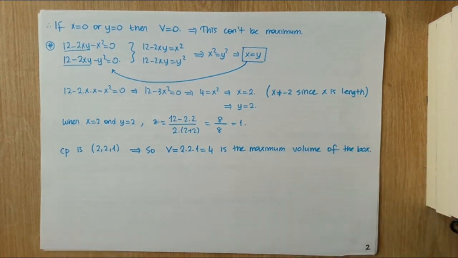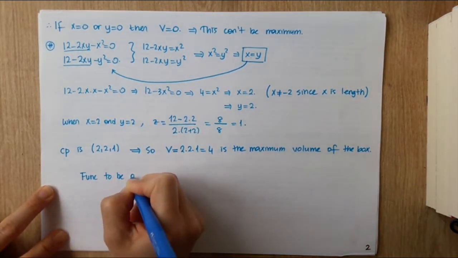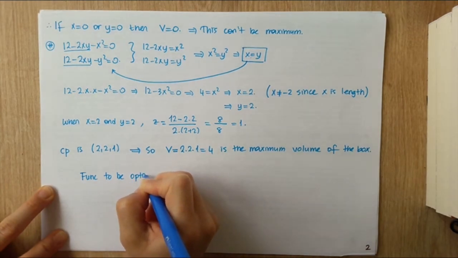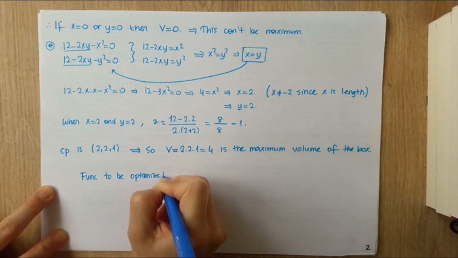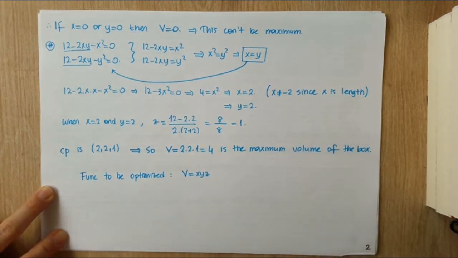So in this problem, we maximized a volume function V, which equals x times y times z, subject to the constraint 2xz plus 2yz plus xy equals 12, which expressed the side condition that the surface area was 12 meters squared. The function to be optimized is the volume function; we just try to find the maximum value of this function.